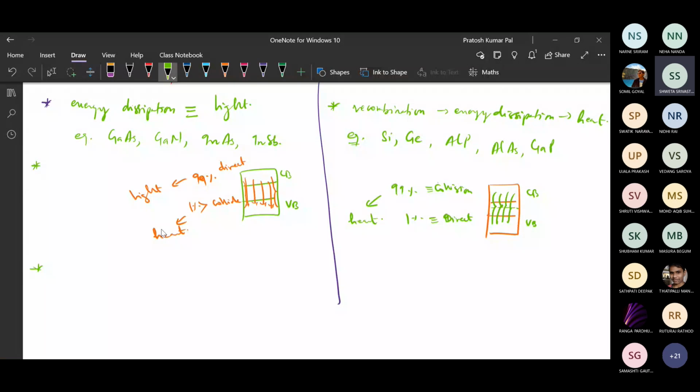Some objective type questions in even GATE have been asked on this, and in some competitive exams you will get this. I think the time is over now, so the next topic we will cover in the next class. We will stop now.